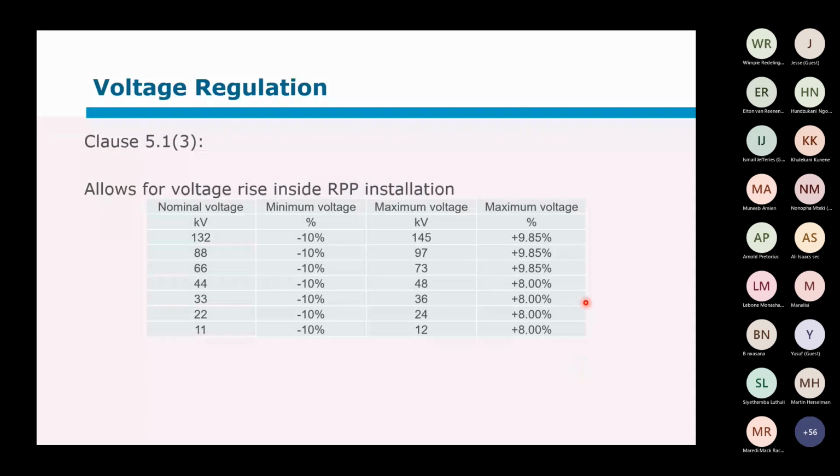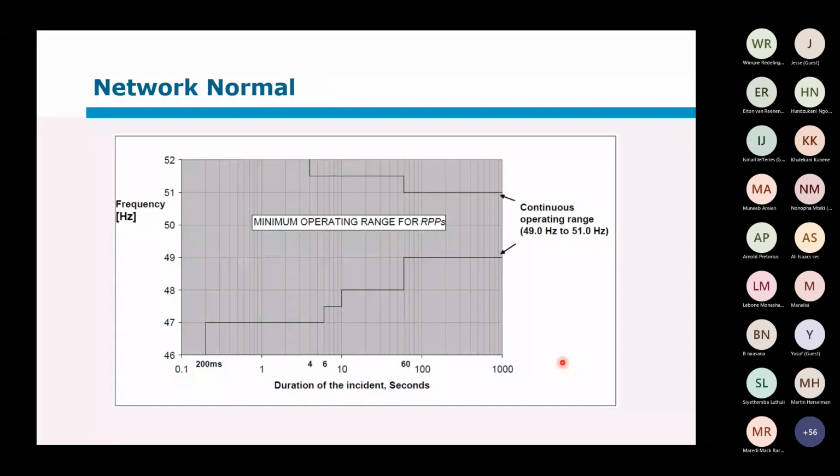Right, then there is a requirement that the plants must remain connected at different frequency ranges. They're allowed to trip off if the frequency goes too low. That's typically to protect the plant. Inverters typically don't have too much of an issue with the lower frequencies, or not as much, but any rotating generator might have quite a problem with it.